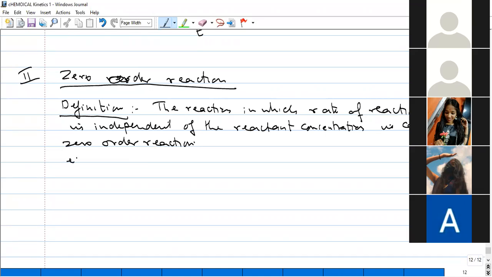We'll take some examples. Example number 1: decomposition of ammonia on platinum metal.